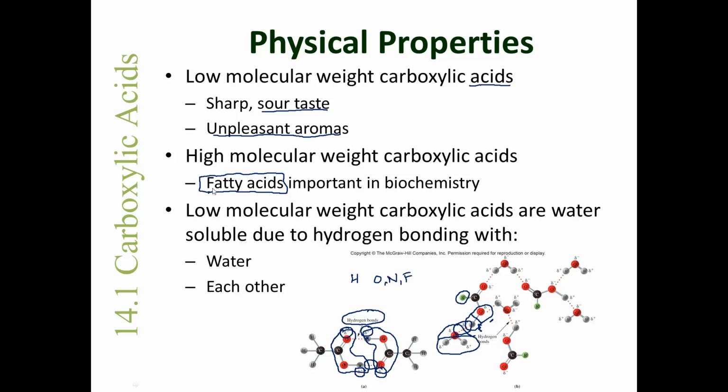When R gets too long, then we get into these fatty acids, because then the nonpolar part of the molecule takes over, and we know that nonpolar substances do not dissolve in water. All right, so that's what they mean by low molecular weight carboxylic acids are water soluble due to hydrogen bonding.